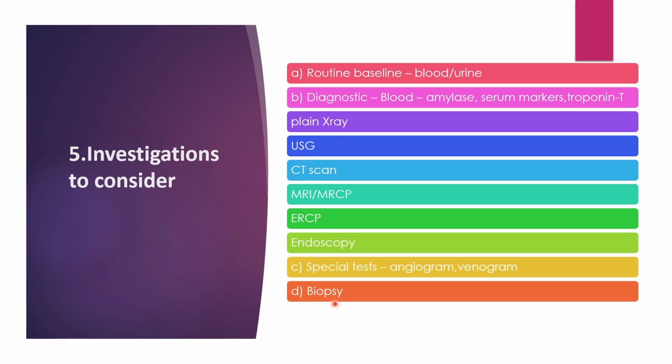And finally is the biopsy, which is a tissue diagnosis which confirms the diagnosis. This biopsy can be FNAC, Trucut or core biopsy, excision or incision biopsy. So all these will confirm with the tissue diagnosis what the patient is suffering from.